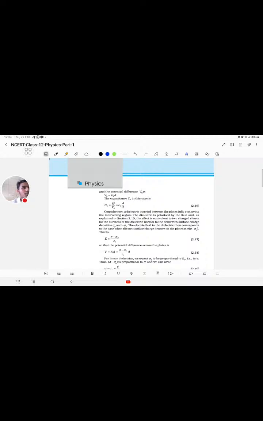The dielectric is polarized by the field, and as explained in section 2.10, the effect is equivalent to two charged sheets at the surface of the dielectric normal to the field with surface charge densities sigma p and minus sigma p. So there will be polarization occurring, and at one end there will be sigma p amount of charge separation, and at the other end there will be minus sigma p amount of charge separation.